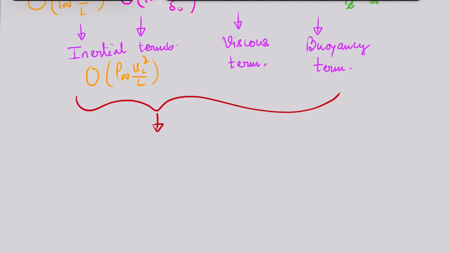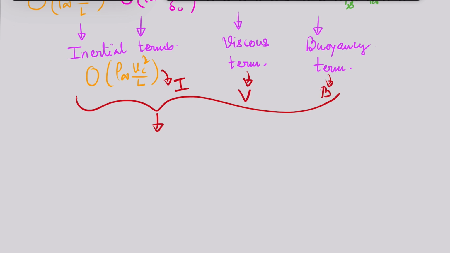So here if I call this my term 1, that is T1, this my term 2, this my term 3. Or I should write directly I, that is the inertial term, V, that is the viscous term, and B, that is the buoyancy term.